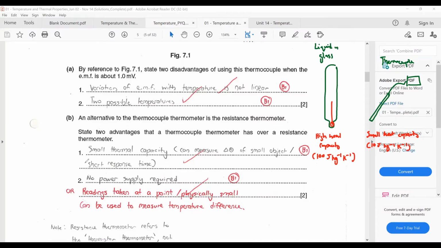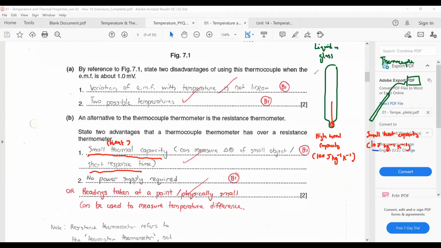Okay, so now the one with the smaller thermal capacity or smaller heat capacity will actually have a shorter response time. Okay, because you look at this one, if you want to have a change in temperature for the thermocouple, you only need to have a change in heat energy of 10 joules.